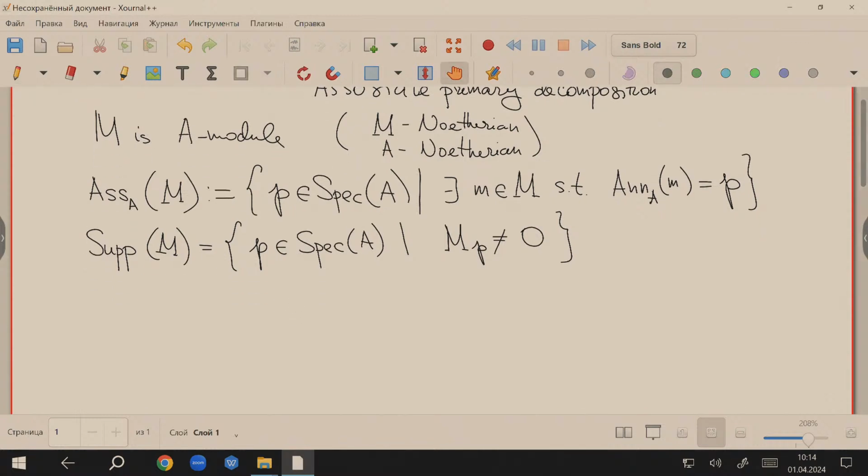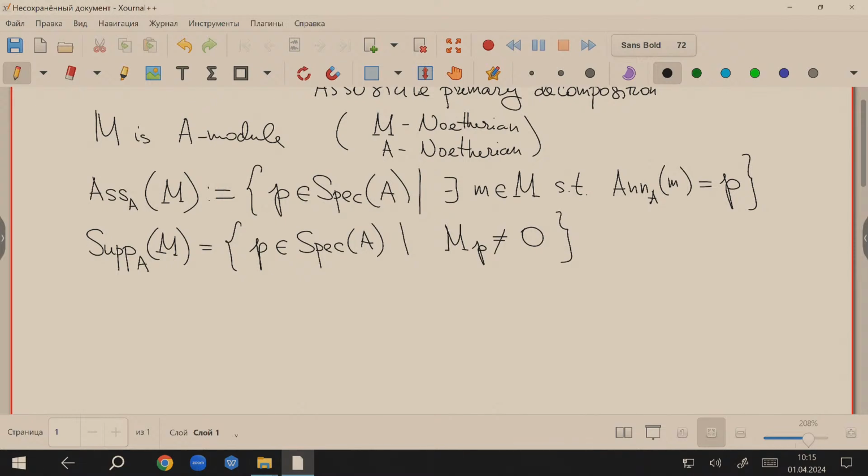Notice that we are also considering the supports of the module with respect to the ring. On the previous class we gave examples where the set of associated primes is different whenever you consider one type of ring or the other.